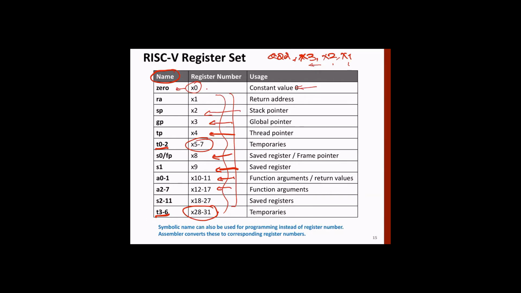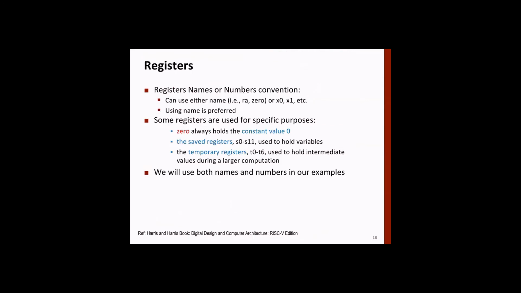Similarly, when you want to use a register which is meant as the stack pointer, you can use the name SP, and GP and so on. We'll come to that a little later, and we'll use these interchangeably in our discussion.